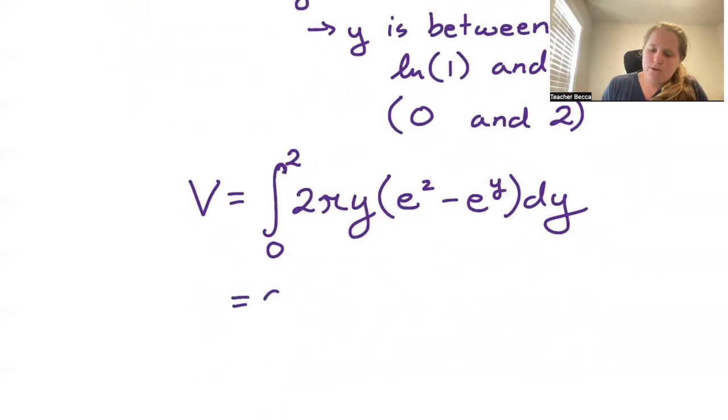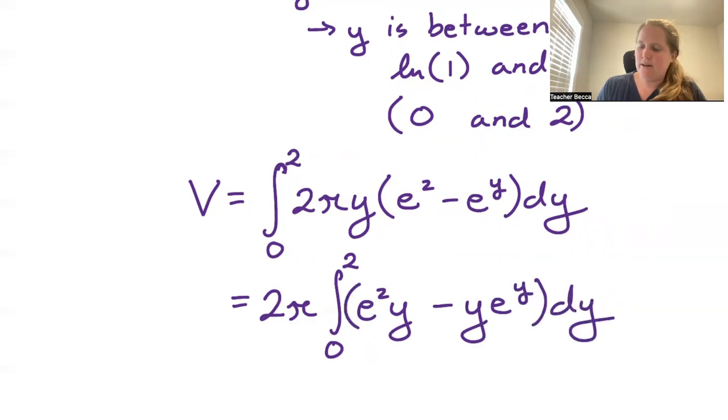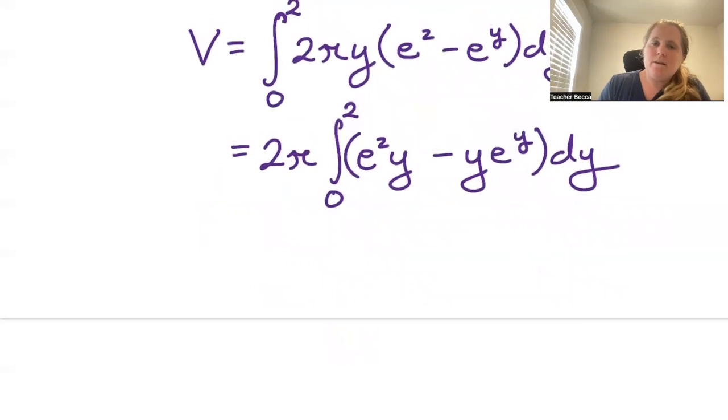So we are looking at 2 pi times the definite integral from 0 to 2 of e squared y minus y e to the y dy. e squared y we can easily integrate. Then minus y e to the y.